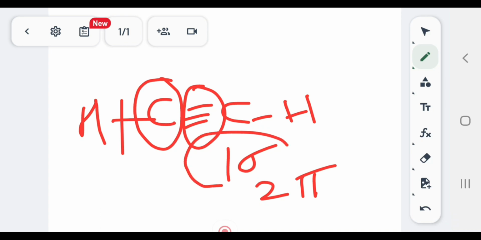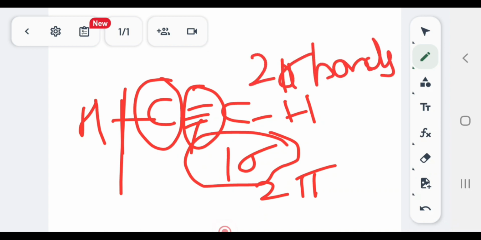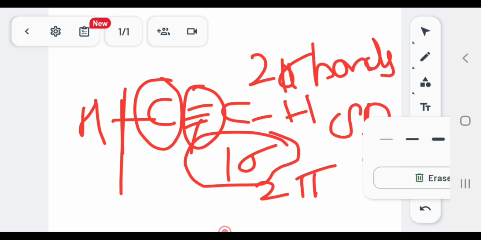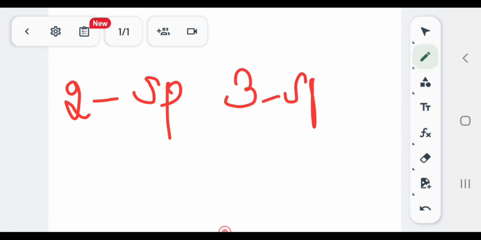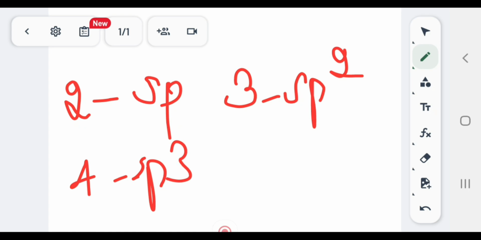So you just take into consideration only 1 sigma bond. So 1 sigma bond, another 1 sigma bond. Hence, it is having 2 sigma bonds. If it is having only 2 sigma bonds, then it is sp. Okay? I hope this is clear. So if you have the number of 2 sigma bonds, then that is sp hybridization. If it is 3, then sp2. If it is 4, then it is sp3. Okay.